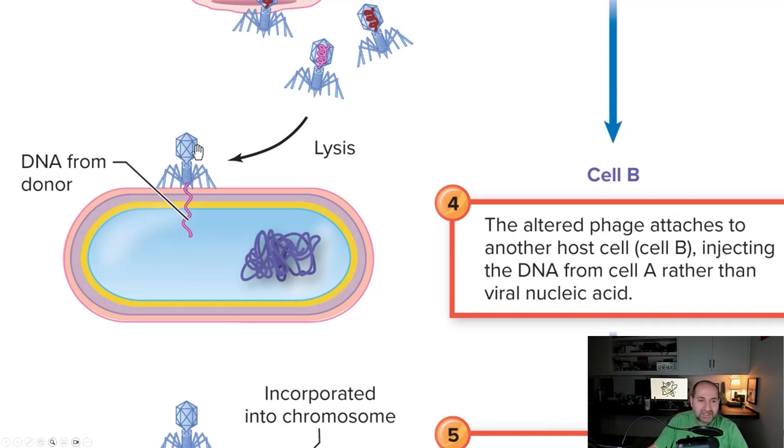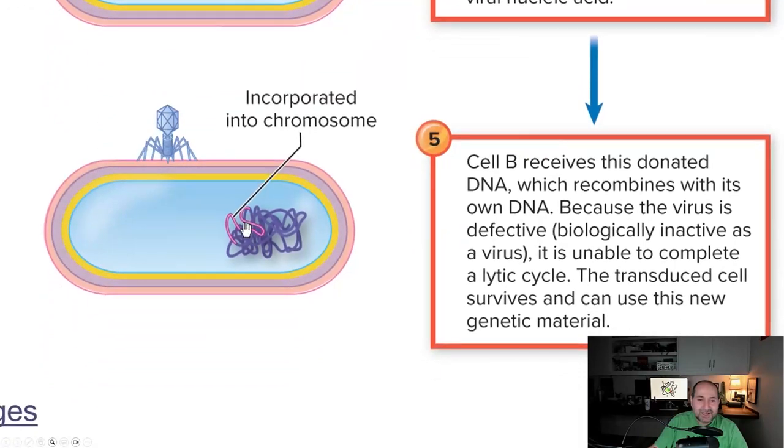It's infecting this cell with DNA from the previous donor by accident. This DNA might incorporate itself into this new bacterium, and now a recombinant is formed. You see how this could lead to recombination? Because this virus inadvertently introduced genomic DNA from the previous donor and not true viral DNA, and that led to a recombination event. Isn't that neat?